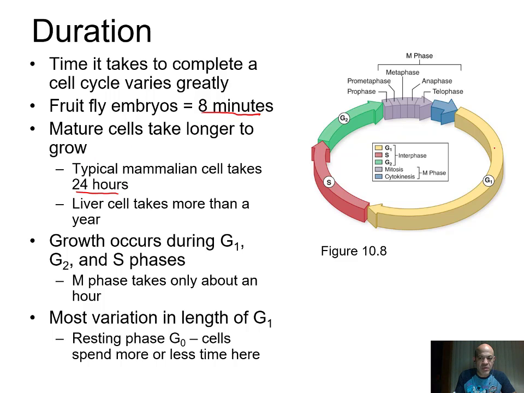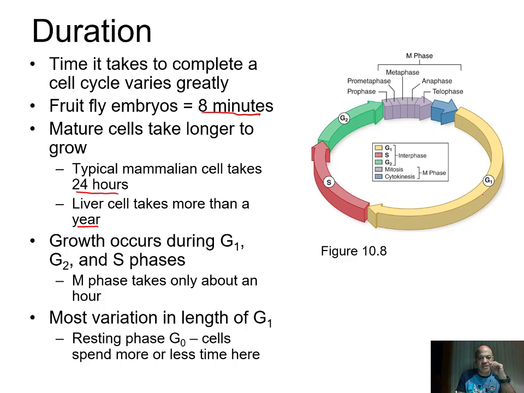They need time to grow, get through gap 1, and then if they're signaled to begin to divide and replicate that DNA. Some cells, like your liver cells, can take more than a year once they're signaled to start going through and commit to dividing. And during most of that year, they're going to be in gap 1.